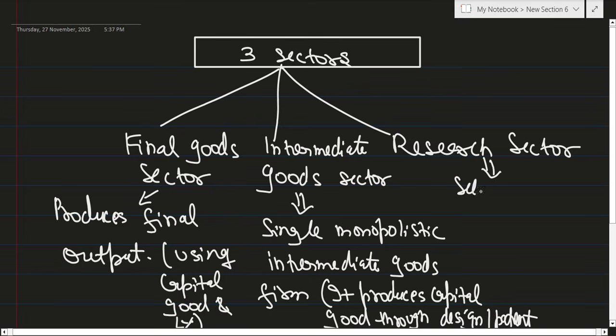Now what the research sector does is it sells patent or design, the intermediate goods form.